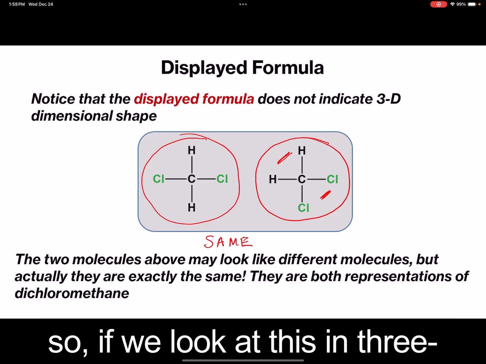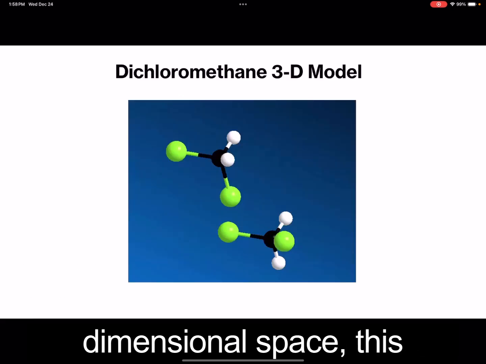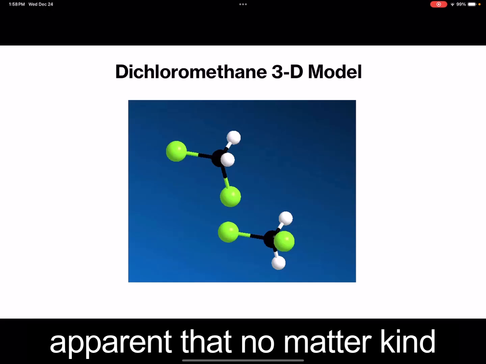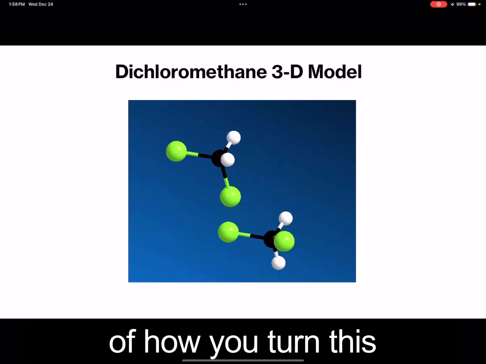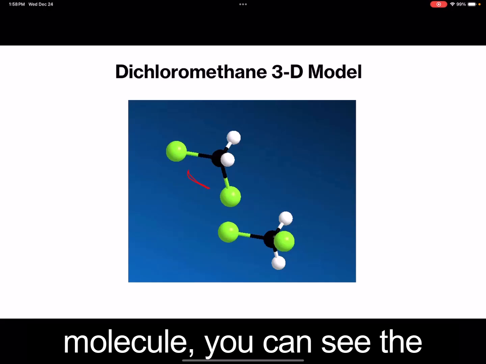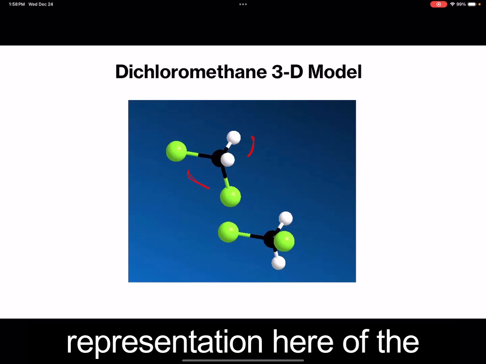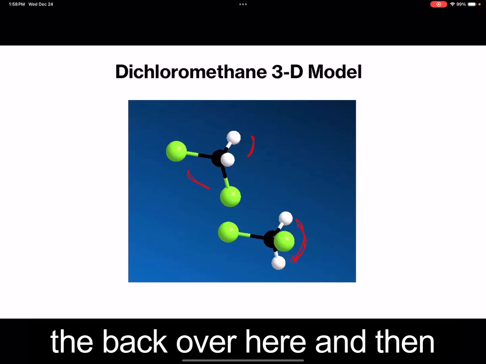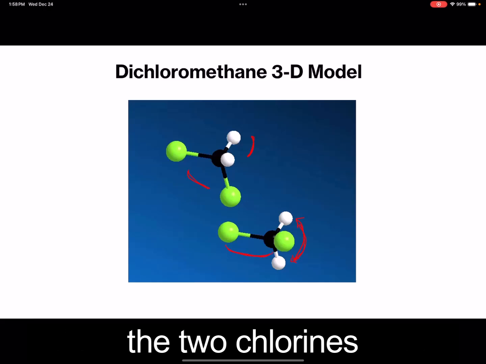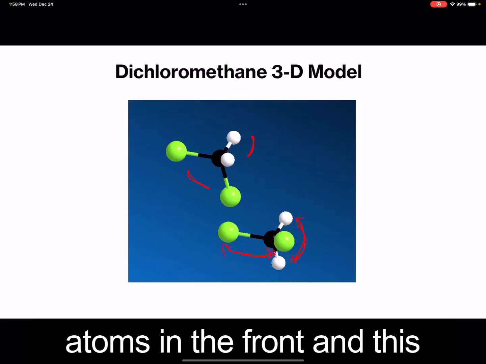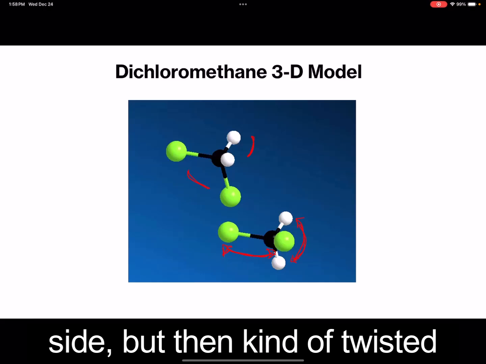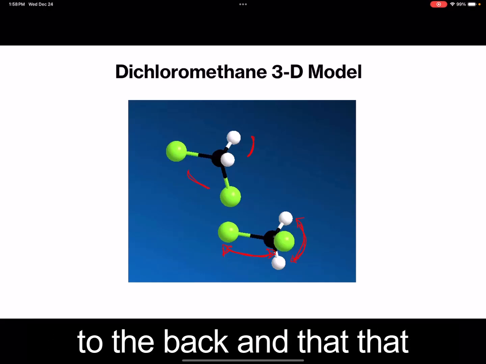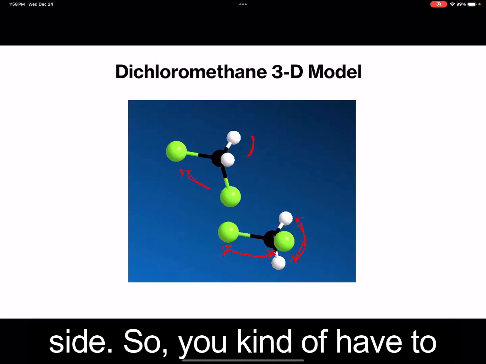And so if we look at this in three-dimensional space, this becomes way more apparent that no matter how you turn this molecule, you can see the representation here of the 2 hydrogens in white in the back over here, and then the 2 chlorines represented by the green atoms in the front on this side, but then twisted to the back on that side.